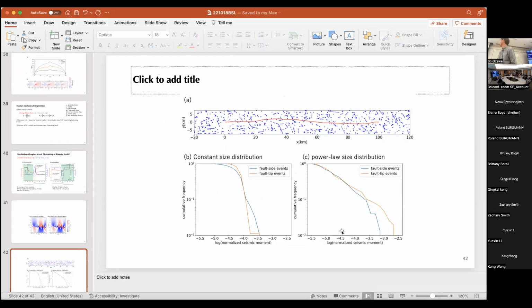Yeah, like this. This is the magnitude distribution for constant fault size, which is more like an exponential cumulative distribution. But in this case, I have a power law size distribution like this plot, and we get more of a power law distribution. Yeah, thank you. Because in the beginning you showed that all the secondary faults are the same, I was curious about the magnitude of the aftershocks. Yes, it's a very good point.